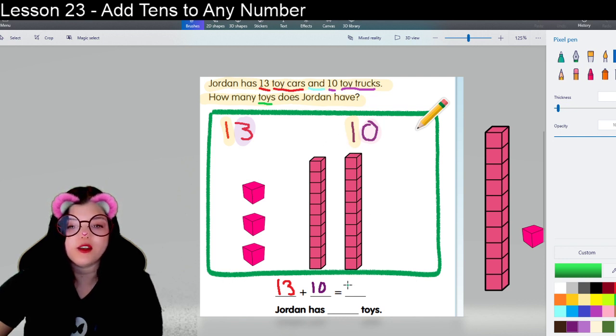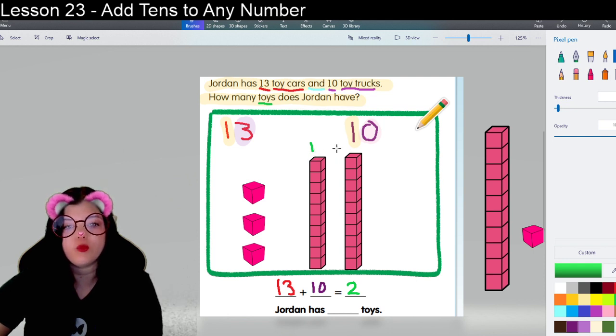So I'm going to write the number 2 in the tens place because there are 2 groups of 10. And 2 tens makes what number? What does 2 tens mean? 2 tens makes 20. You can figure that out by counting by tens. Ready? 10, 20. 2 groups of 10 makes 20.